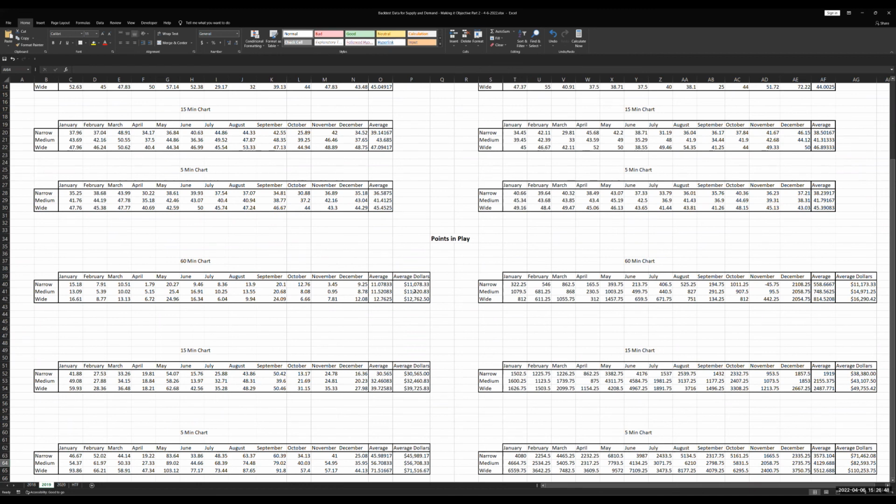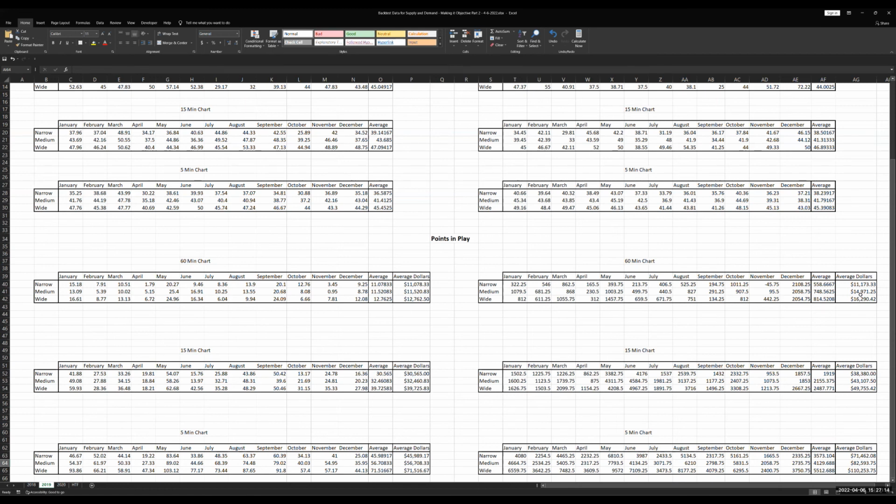Okay, so in 2019, again, we look at oil. Again, drawing the zones wide gave us the best results in terms of points in play. And we see again, going to the lower time frames, there's more points in play. There's more money to be made on the lower time frames.